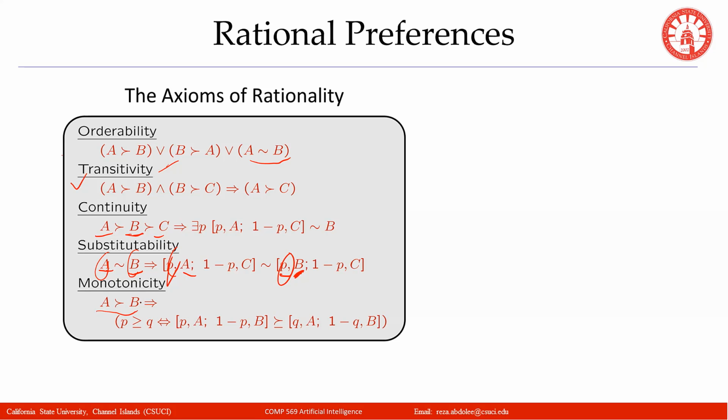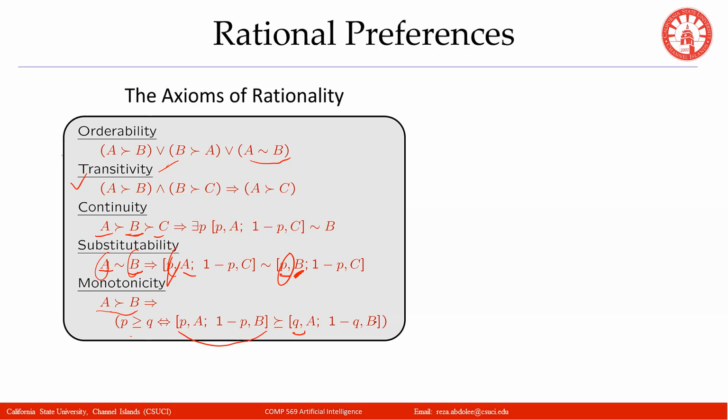The other one is monotonicity, meaning that if you prefer A over B, then given two probabilities, P and Q, where P is greater than Q, you prefer to participate in the lottery between A and B with probability P, which is greater than the probability Q in the other lottery involving A and B. The reverse is also correct.